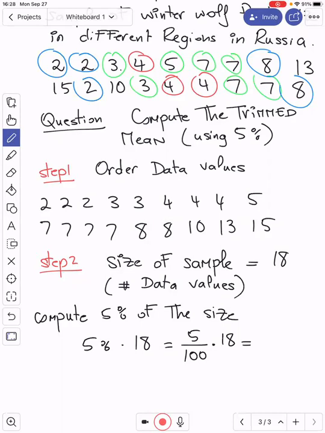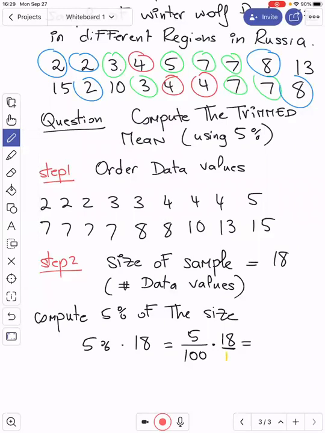Of course, you can just use your calculator. So, to multiply a fraction by a whole number, you can make this 18 look like a fraction if you divide by 1. 18 divided by 1 is again 18, right?